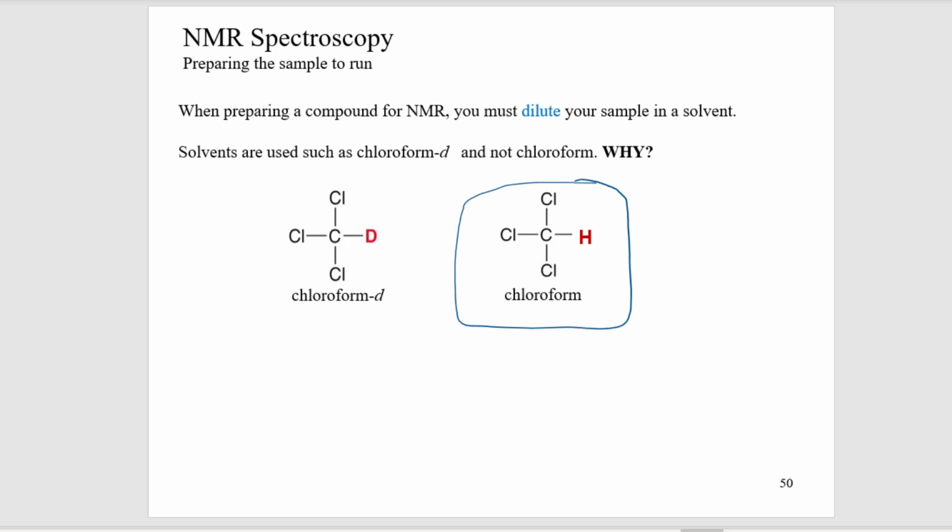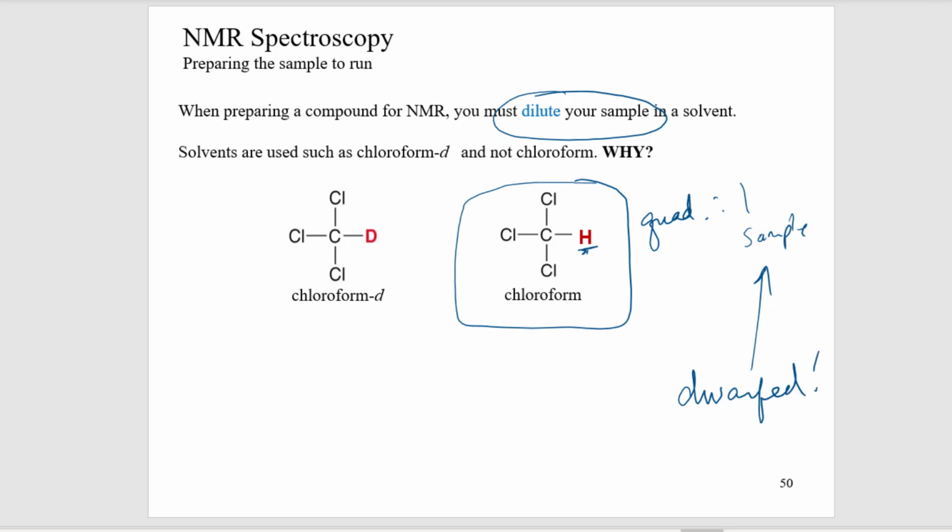The problem is that chloroform has a proton of its own, a hydrogen of its own. So if you're using a dilute sample, meaning there's a quadrillion molecules of this chloroform to one of your sample, you're going to dwarf all of the hydrogen peaks, right?